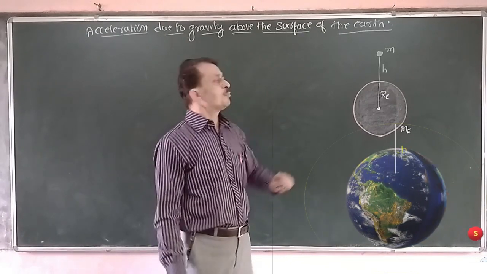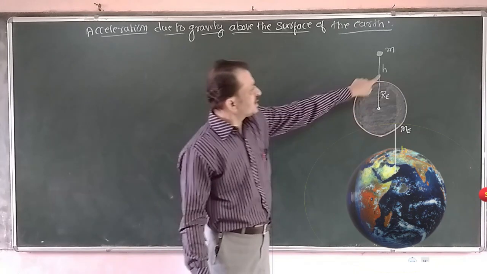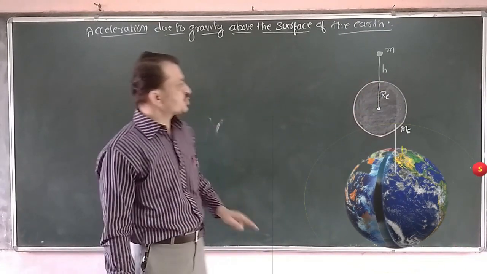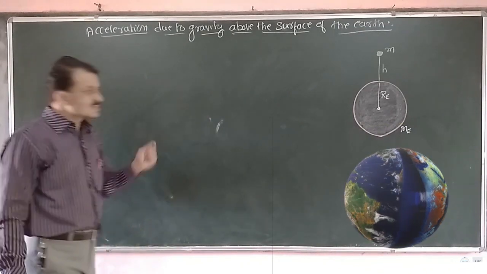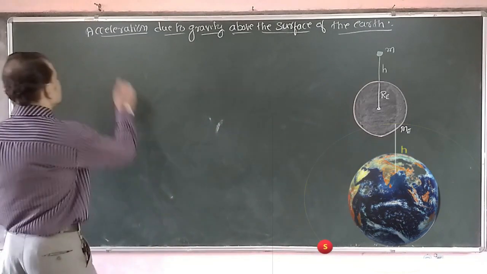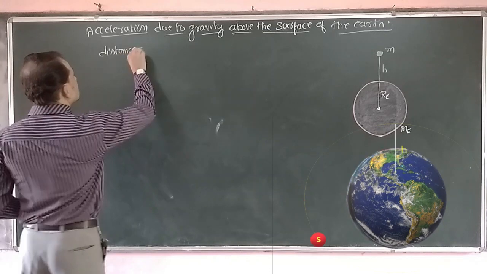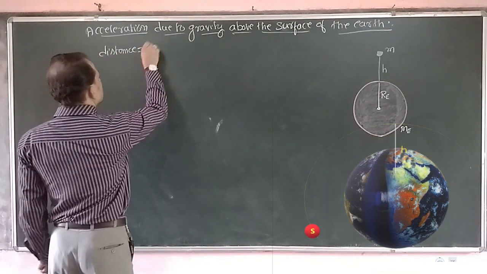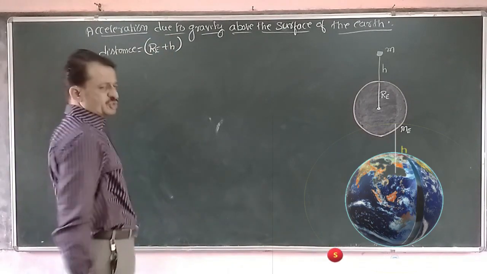Now consider a point mass of mass small m which is at a height h from the surface of the earth as shown in that diagram. Now what is the distance of that point mass from the center of the earth? The distance of that point mass from the center of the earth becomes RE plus h.